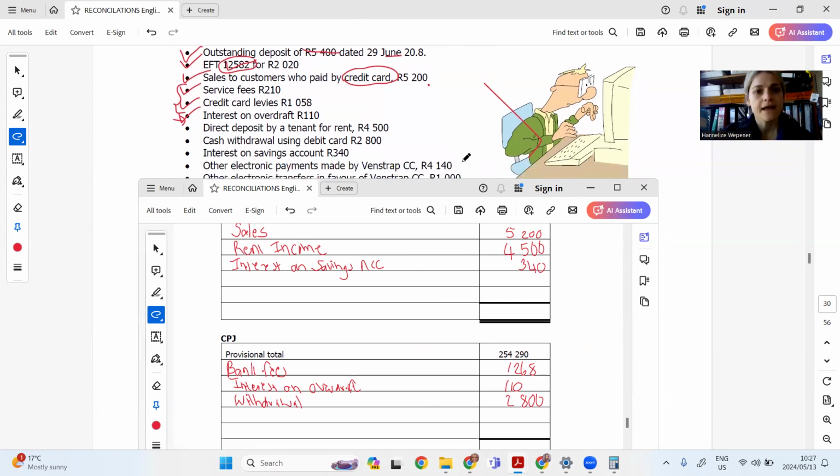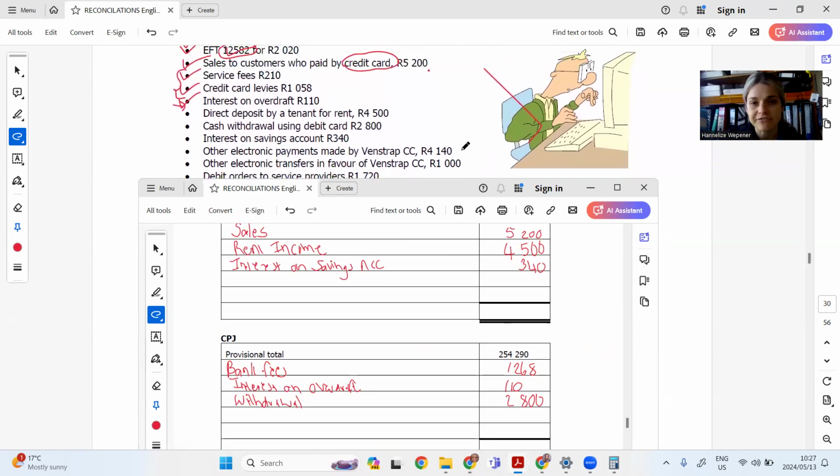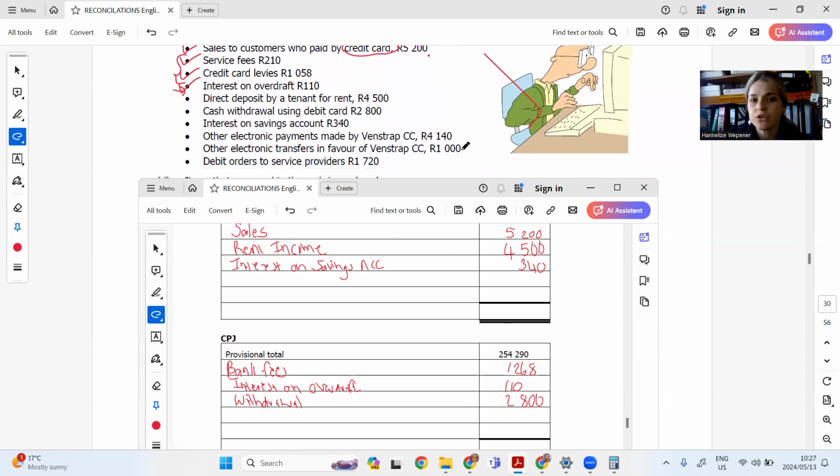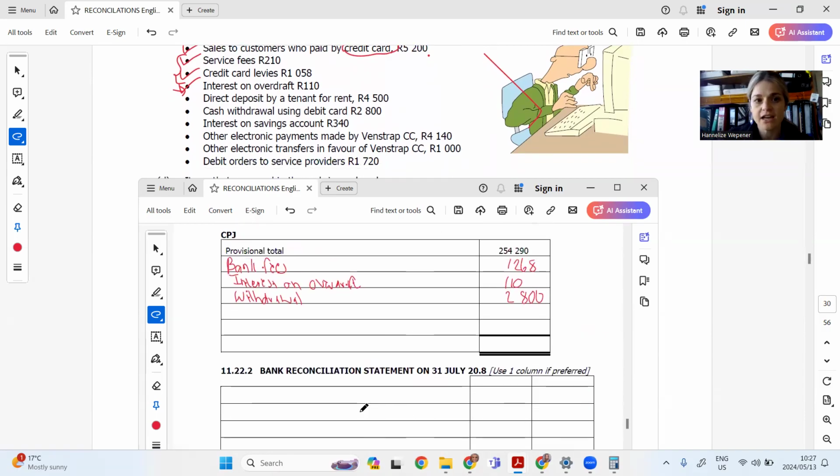Right. Then other electronic payments made. So electronic payments that you definitely made, but you haven't yet recorded that in your books. Therefore, you are just now going to go to your CPJ and you are going to record all of the expenses. So other electronic payments was made by you, so you made the payment.